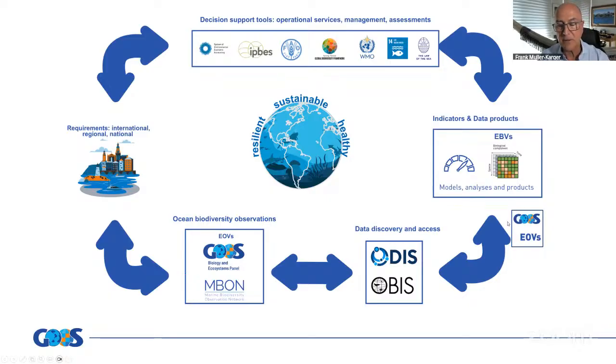So if you look at this graph, it's a kind of an infinite loop. But if you start at the left-hand side where you see requirements for international, regional, national information about biodiversity or anything about any environmental variable, including life, the Global Ocean Observing System is helping collect those requirements and channel them to scientists so that we can collect the data and put it back to the public in a way that the public can use them to make decisions.